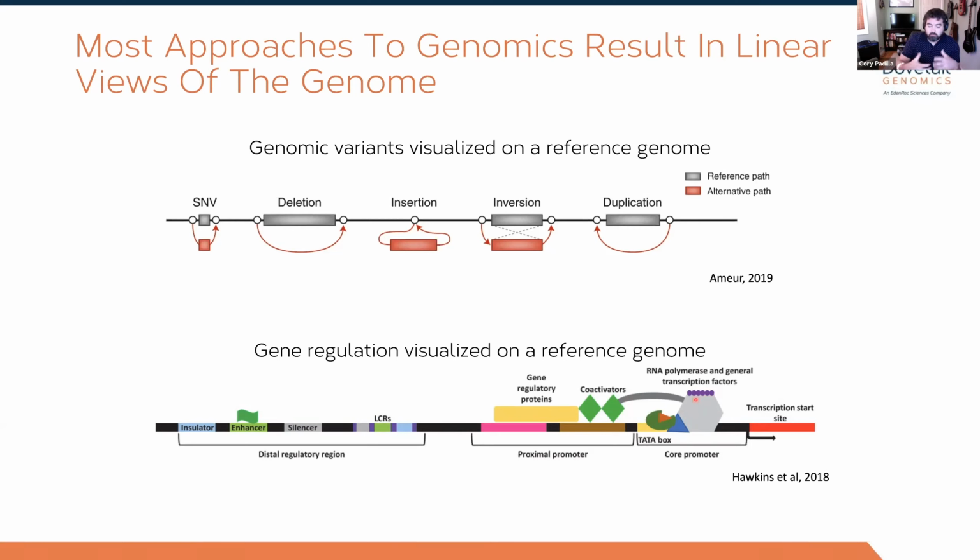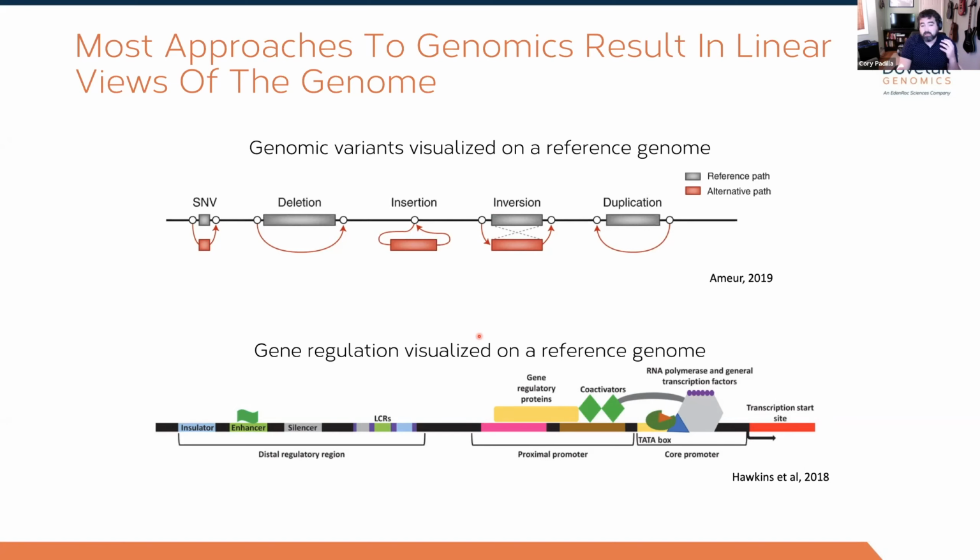But generally, most models, when you see these things, are depicted very much in linear space. And that is largely a result of the assays that we're using to characterize both the variation we see in genomes and the gene regulation factors that go into the regulation of genes.